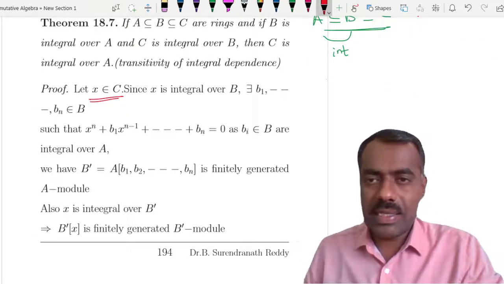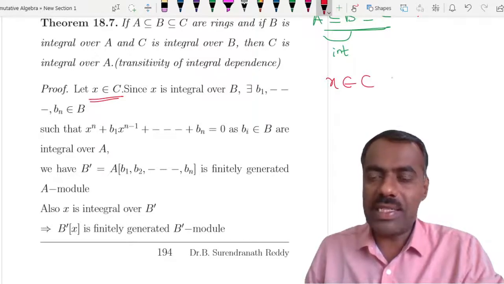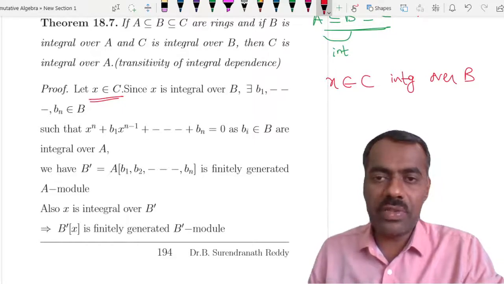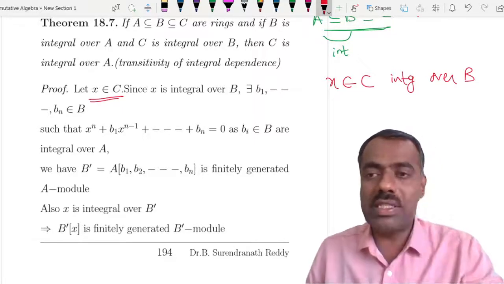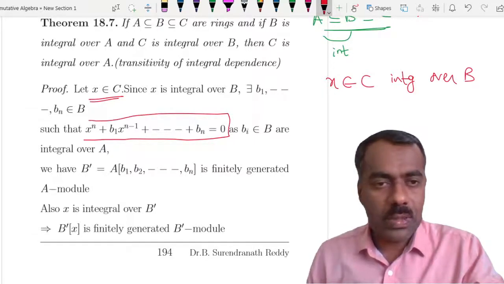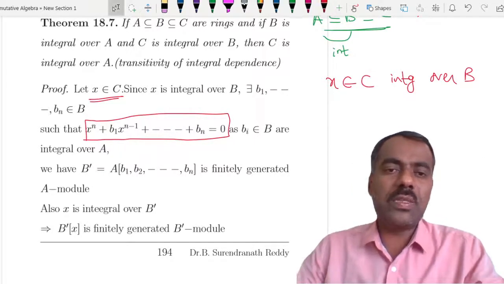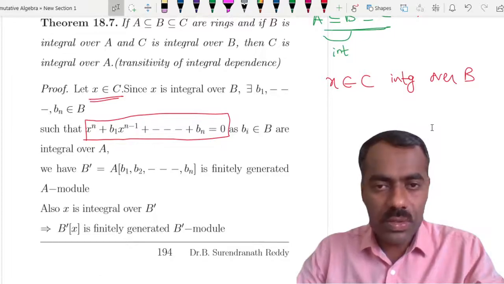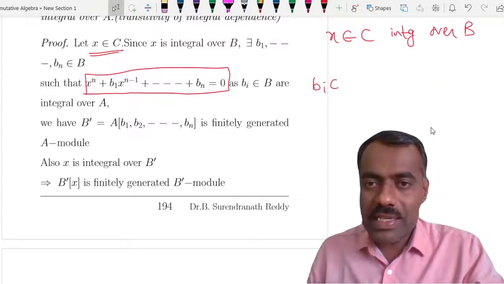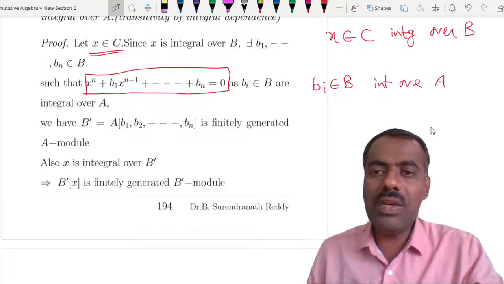We start with x in C, but C is integral over B, so therefore x satisfies some equation with coefficients coming from B, and that is this one: x to the n plus b1 x to the n minus 1 plus ... plus bn is equal to 0, where the bi's are coming from B. But now observe that these bi's are in B and B is integral over A. What is the meaning of saying that?